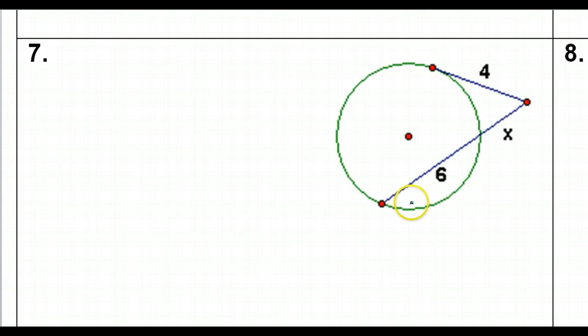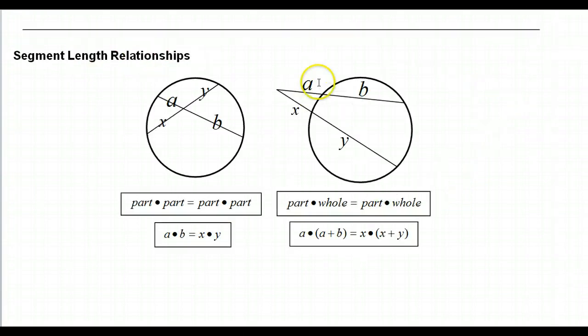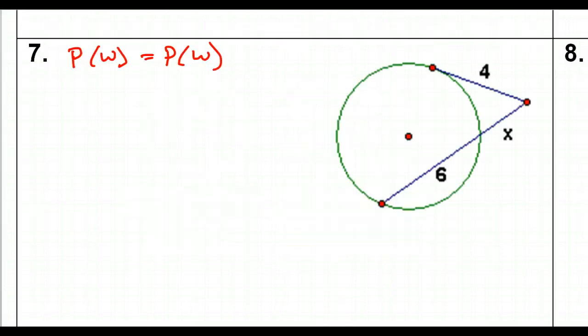Okay, number 7. Didn't we just do one like this? It's still going to be part times whole equals part times whole, which is the one we use whenever it's going outside the circle, like this. So I'm going to do this part first. So x is the part, and x plus 6 is the whole.